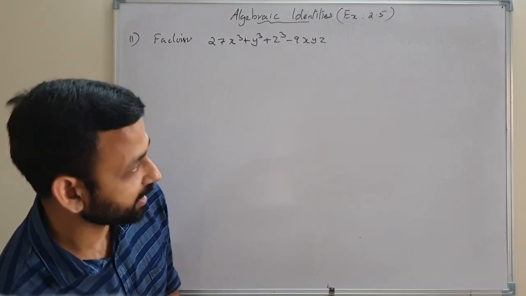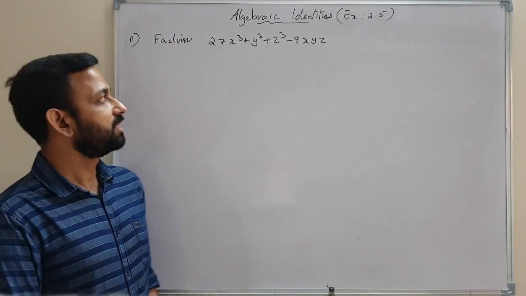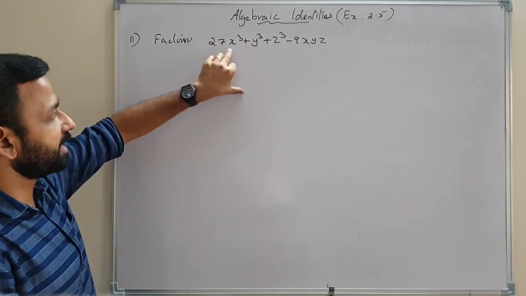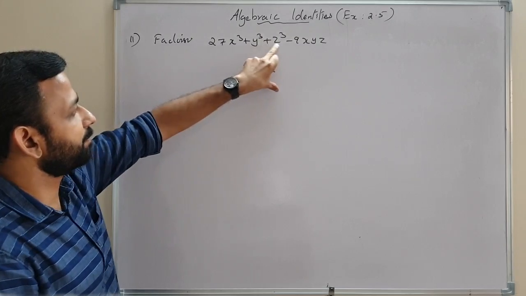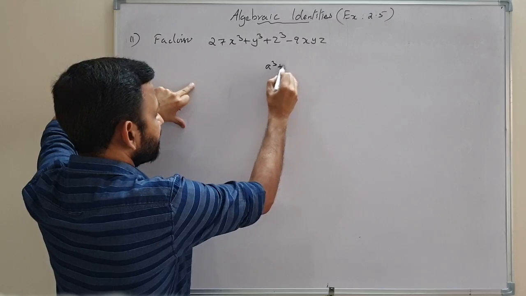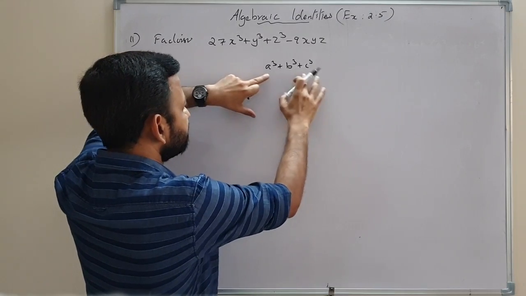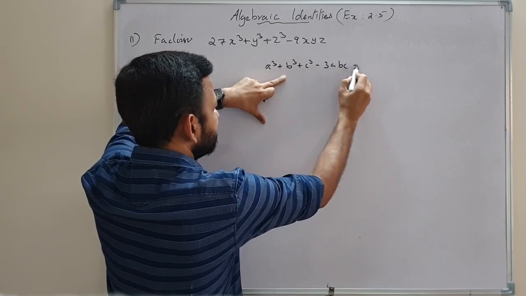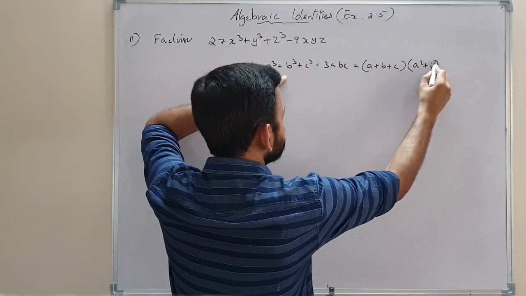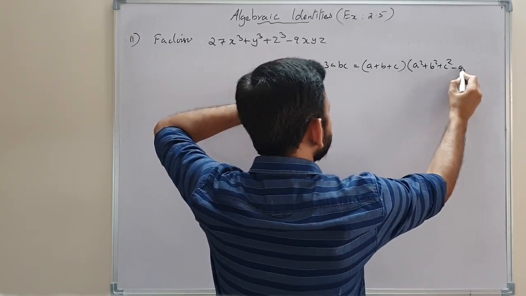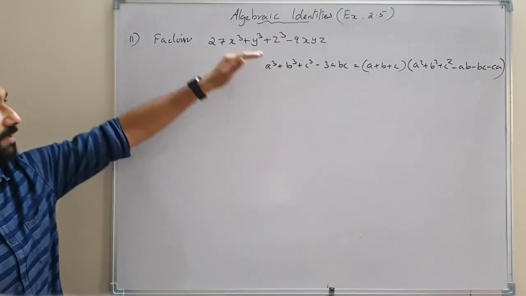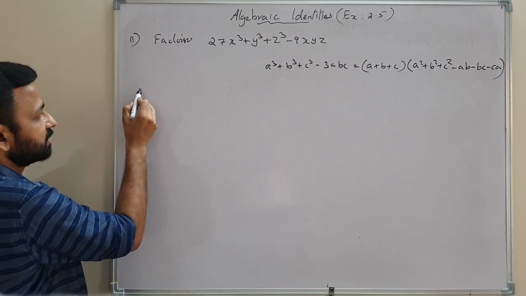So here we need to find the corresponding identity. This question is in identity form. That identity is a cube plus b cube plus c cube minus 3abc, equal to a plus b plus c into a square plus b square plus c square minus ab minus bc minus ca. So we are going to reduce the given expression into identity form.